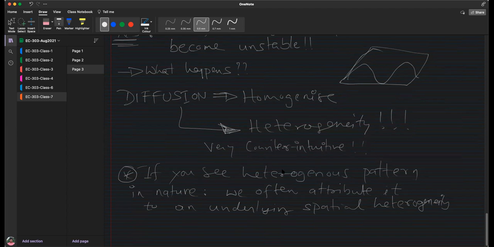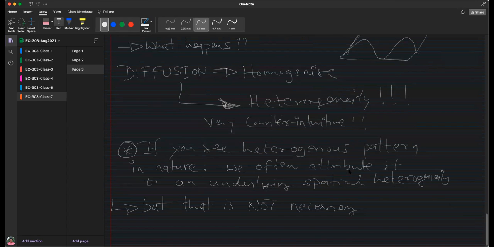Likewise, if we see a spatially heterogeneous pattern in nature, we often attribute it to underlying spatial heterogeneity, but this is not necessary. It can even arise from a diffusive process. So that's the biological implication of the fact that diffusion can make things unstable.